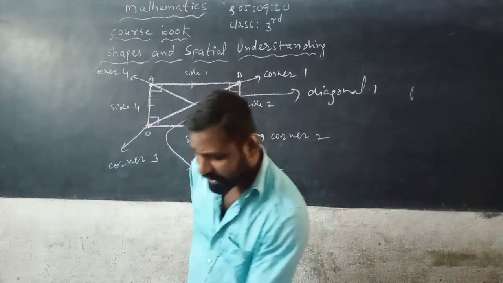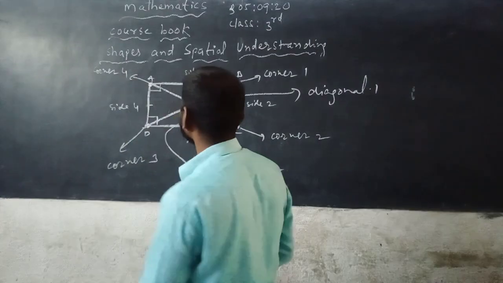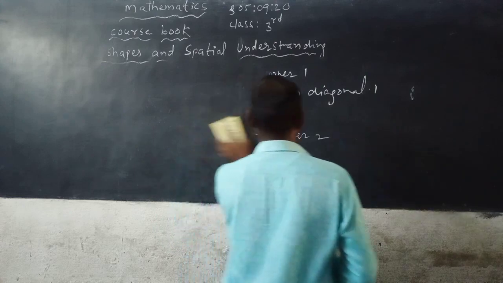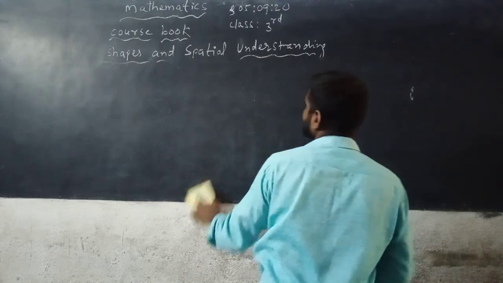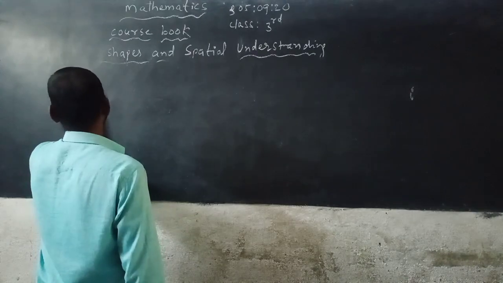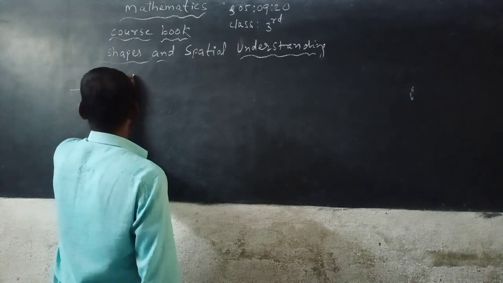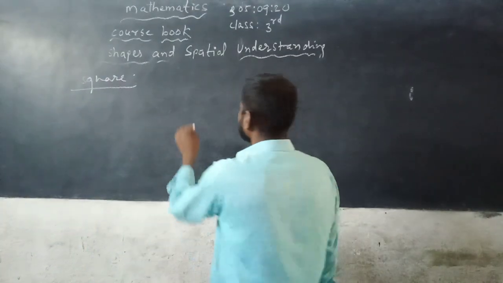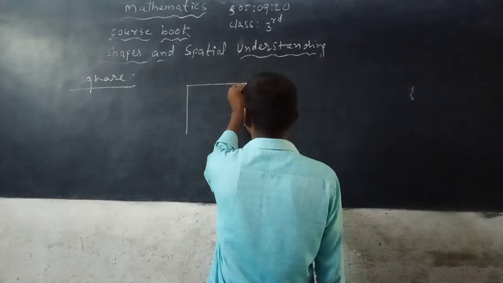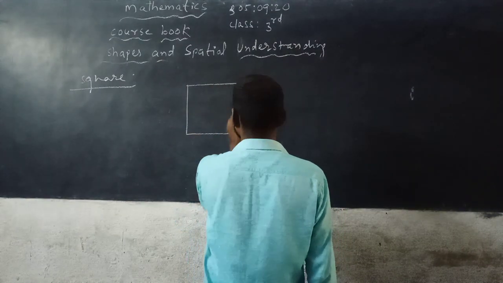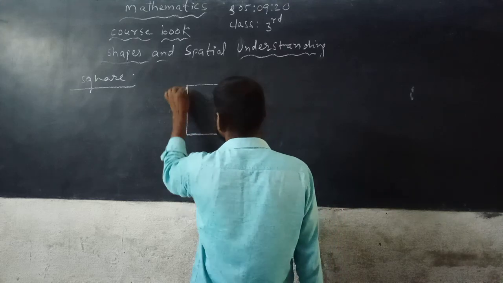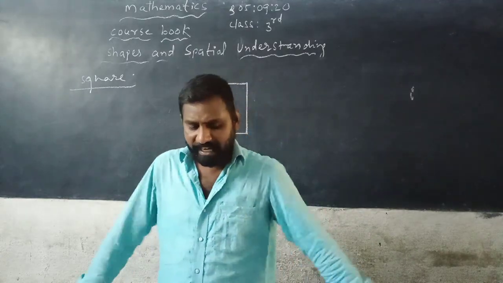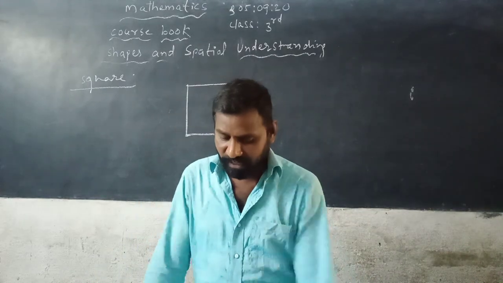Next, square. See here. A square is a plane figure with 4 sides and 4 corners.